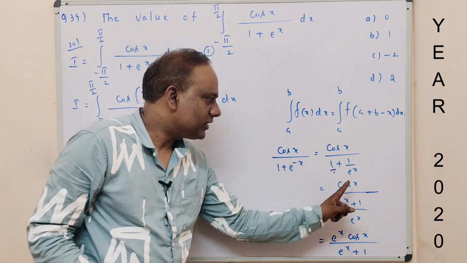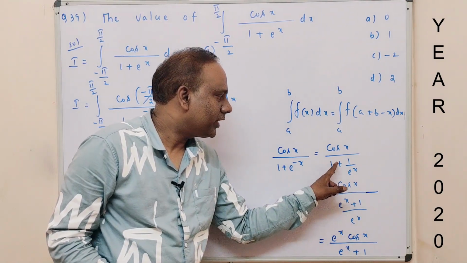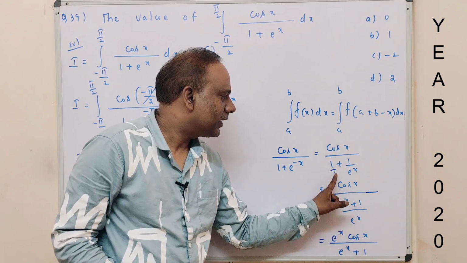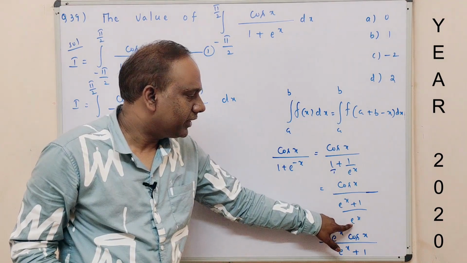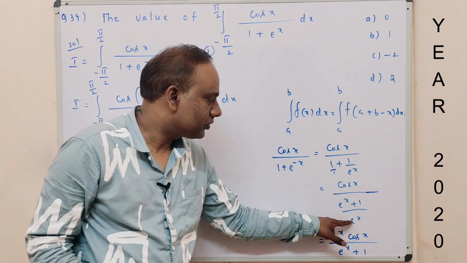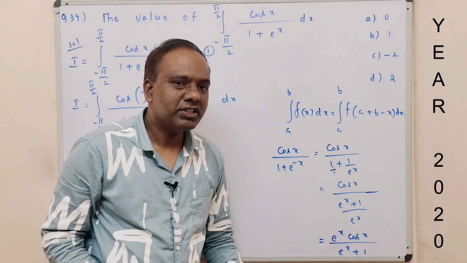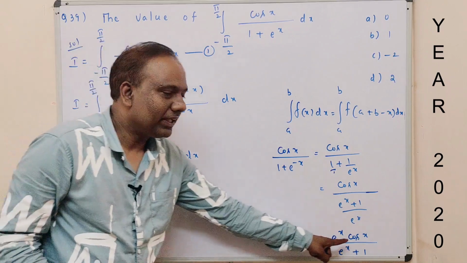So the LCM is e power x into 1, which is e power x. After you multiply, 1 into e power x is e power x, plus 1 into 1 is 1. So this one comes to the numerator. So e power x into cos x by e power x plus 1. It can be written like this.